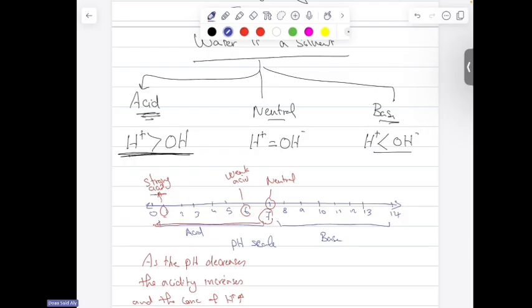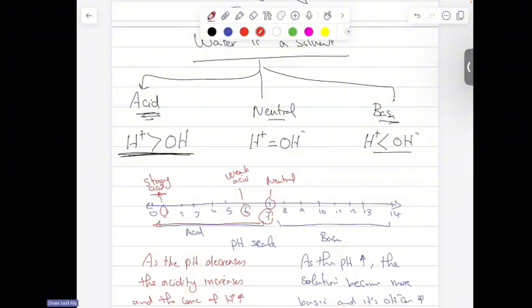The opposite, okay? When the pH increases, the solution becomes more basic and its OH, or hydroxide ions, concentration increases.